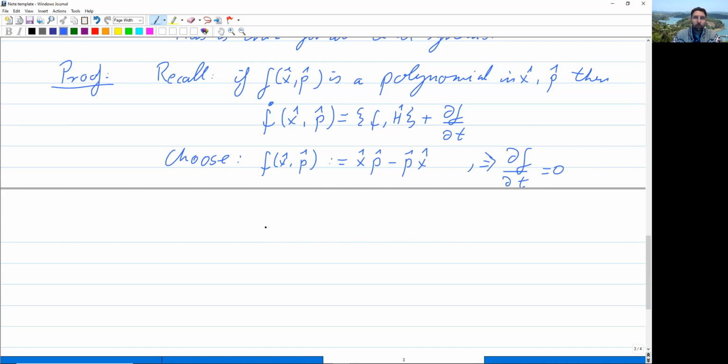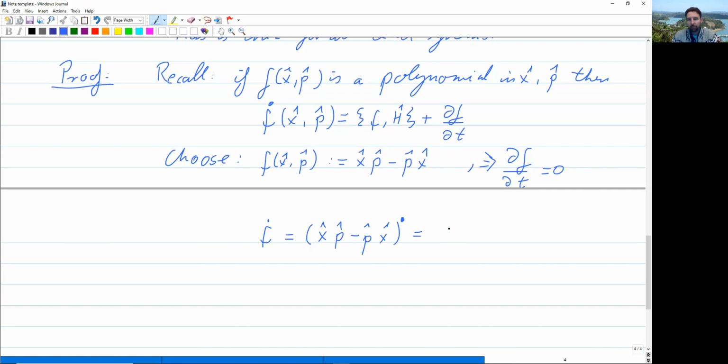So now we have that the change in the commutator, so f dot, and remember, we want to show that the commutator doesn't change, is the time derivative of x hat p hat minus p hat x hat, right? It is then equal to the Poisson bracket, or we can in this case also write the commutator.